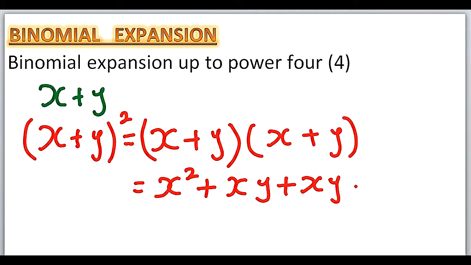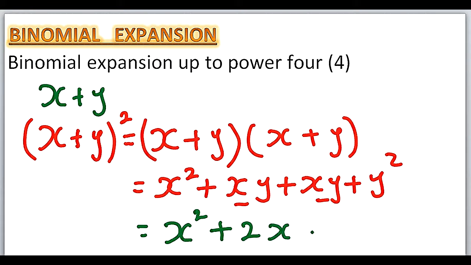And y multiplied by y, we get y squared. So we find that this and this are common, and therefore we can add them and write our final expression as x squared plus 2xy plus y squared. So that is the expansion of that binomial.